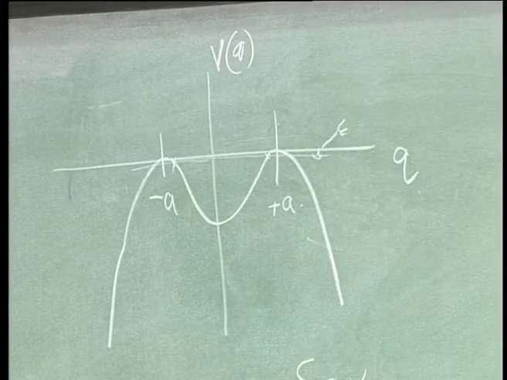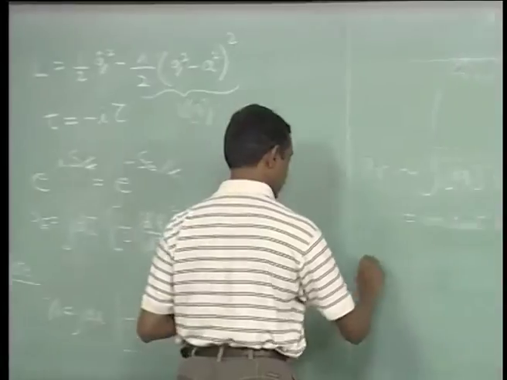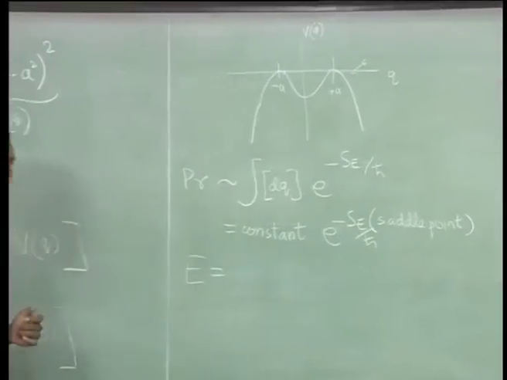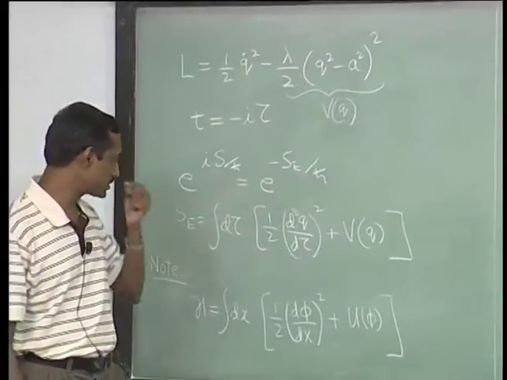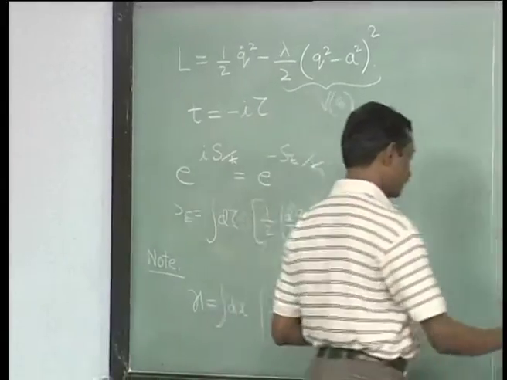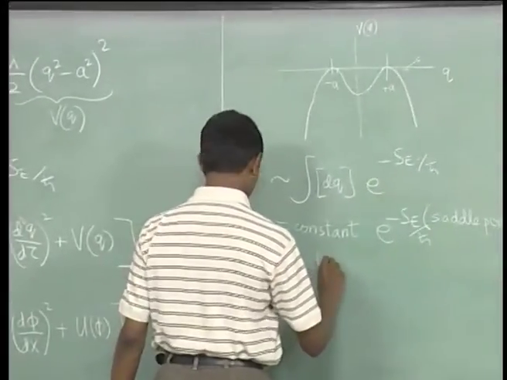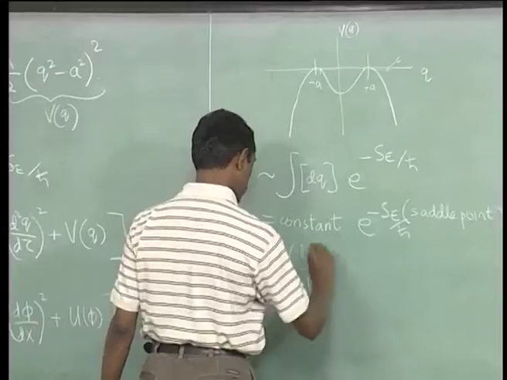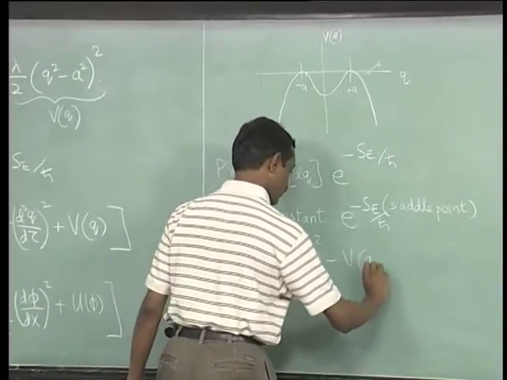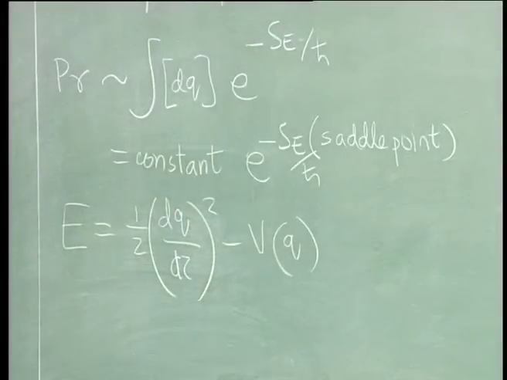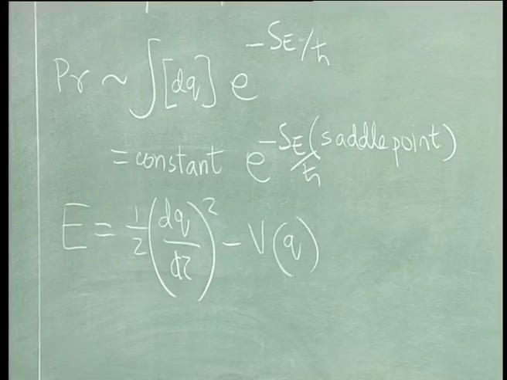One integration comes for free because energy is conserved, and that would be just half dq by d tau whole square minus V of q. For our tunneling solution, E is 0.